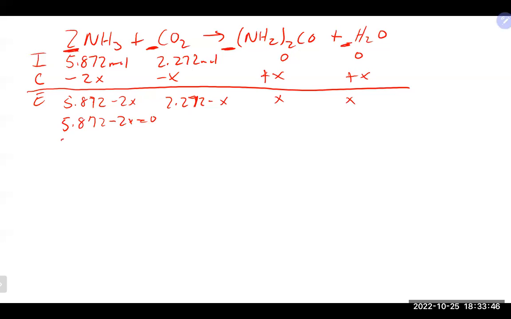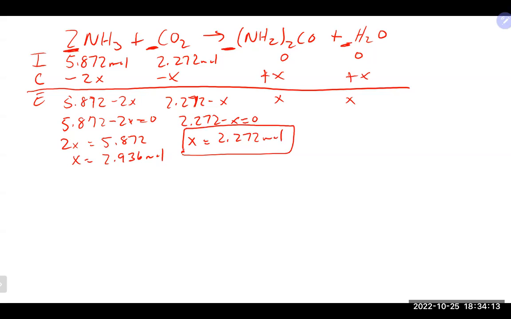Sending that 2 to the other side there, and also dividing, going to get us an x value there of 5.872 divided by 2, 2.936 moles. Setting this guy equal to 0 gives us an x value of 2.272 moles. Once again, we are looking for the smallest, so it would be that guy right there.